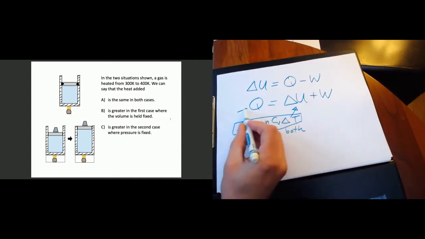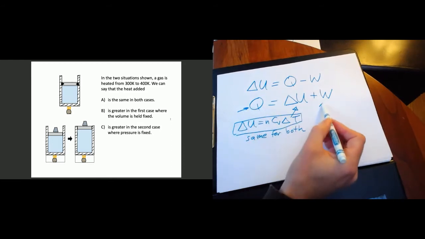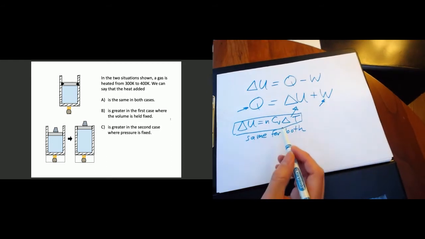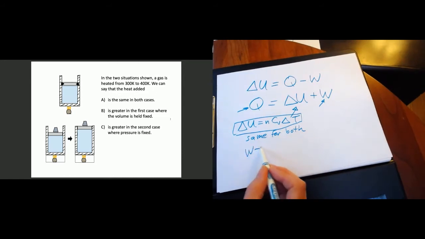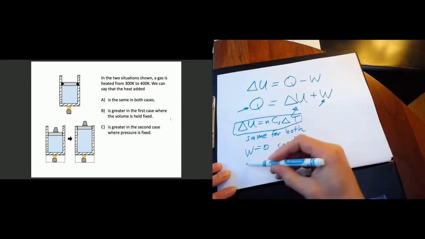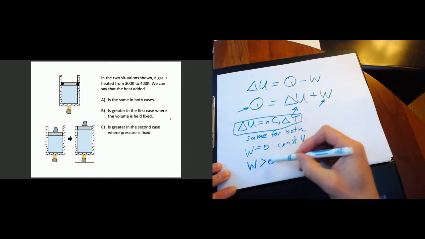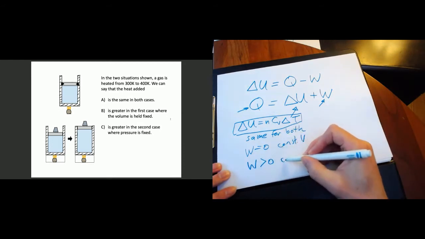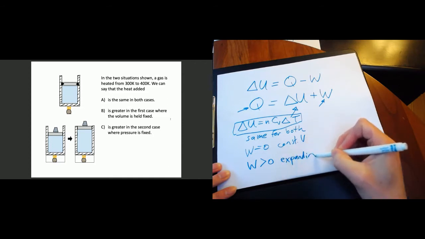And to figure out which Q is larger, all we need to do is figure out which W is larger. So it's a little bit like our first clicker question. W equals 0 for constant volume, and W is going to be greater than 0 for our expanding situation.